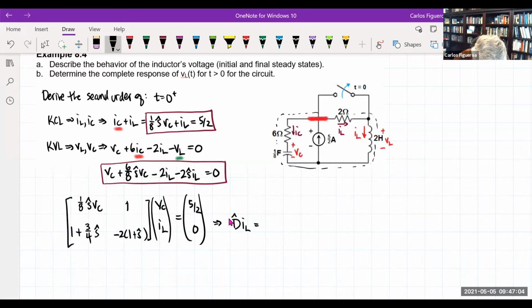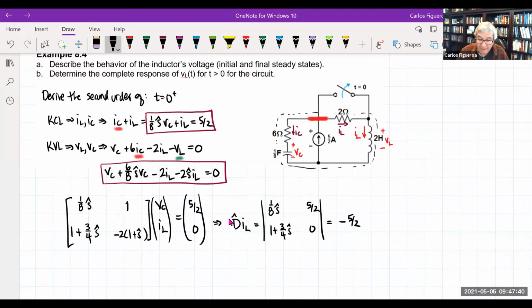I've got to take my constants and put them with my ILs. Oh, I put a VC in here. That shouldn't be there. I have 1 plus 3/4 S hat. Then I get 5/2 and 0. If I do my matrix, you can see that the term is 0. Then I'm going to get S hat operated on 5/2, so I should get minus 5/2.